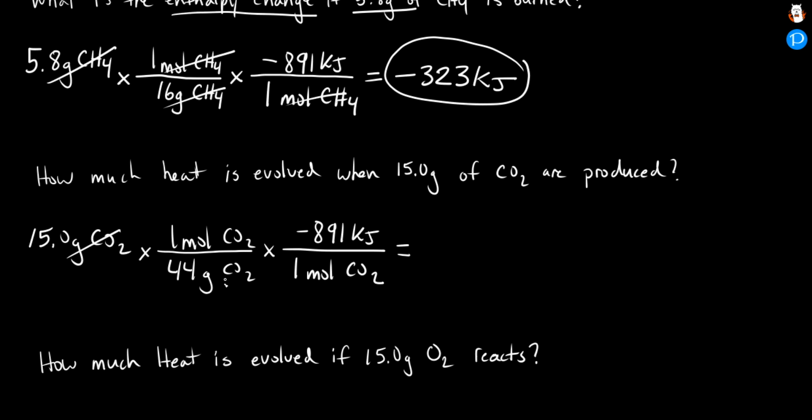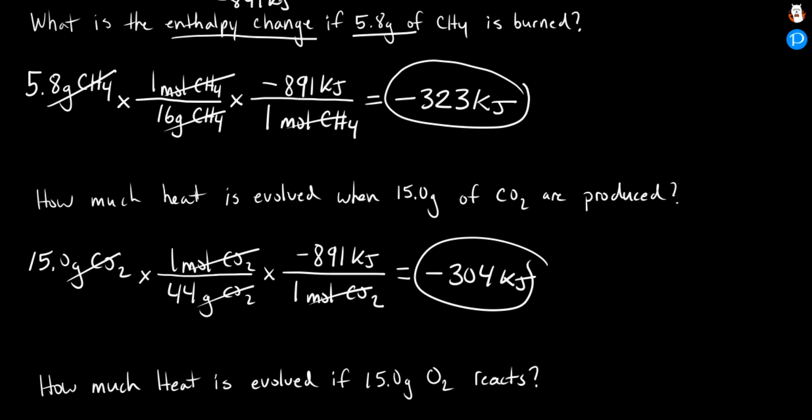And once again, grams goes away, moles is going to go away in this step, left with kilojoules. So this one, 15 divided by 44 times negative 891, and I get 304, we'll say, rounding it, kilojoules.